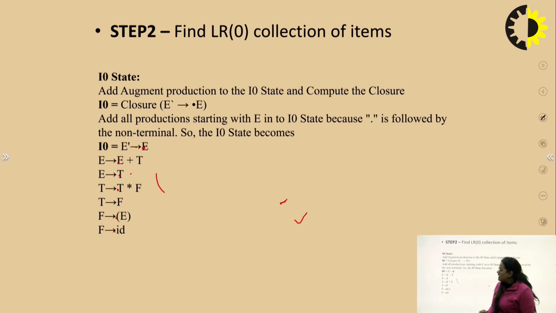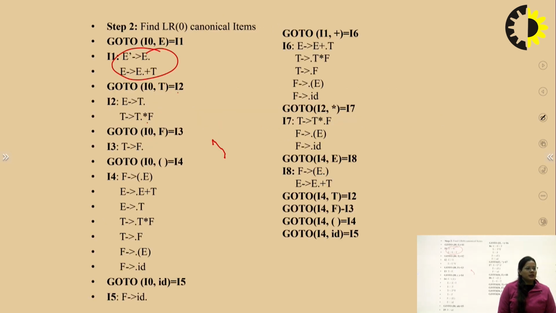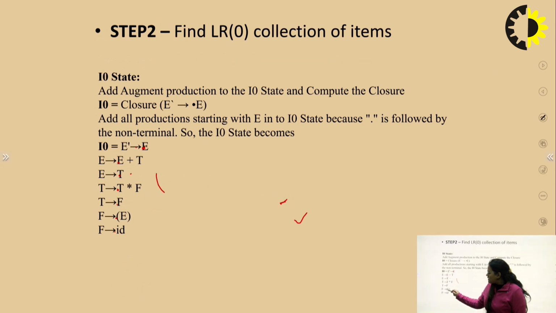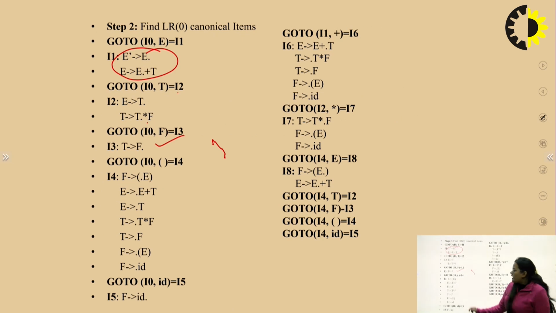Next production is T implies dot F. So we construct go to I naught comma F, that is I3, and I3 contains only one production. Next is F implies dot open bracket E closing bracket, so I4 will contain these productions. After that, go to I naught comma ID is equal to I5, and I5 contains only one production, F implies ID dot.